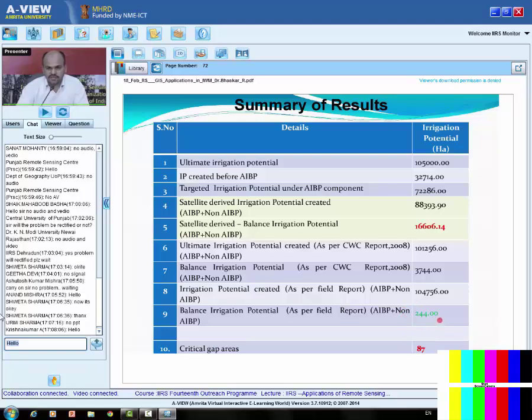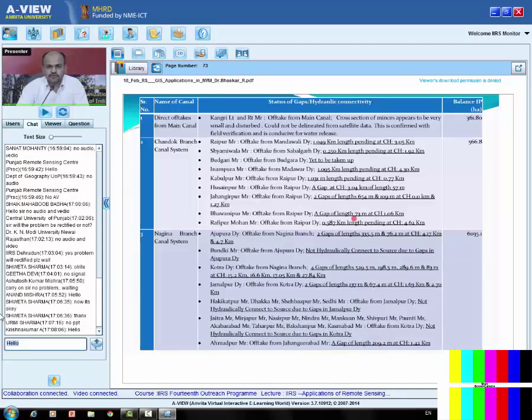So the report says that there is no gap in this canal project, whereas we have mapped 87 critical gaps, so there is a balance of irrigation potential. And we have mapped every canal, every minor, every distributory, every branch canal, and tried to calculate how much is the balance IP.